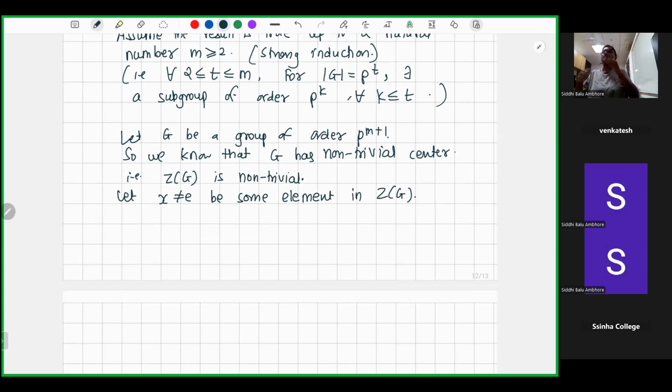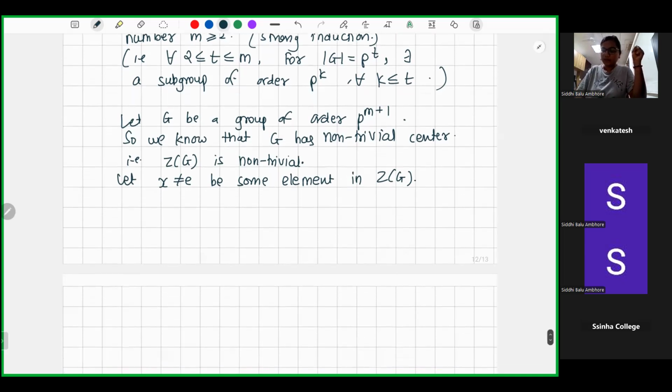So G is a group of order p^(m+1), so it has a non-trivial center. I'm just choosing an element from the center of the group, which is not equal to the identity element.